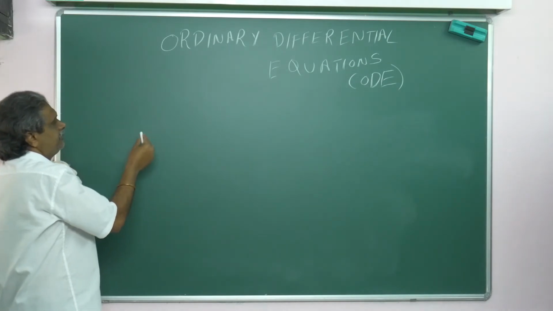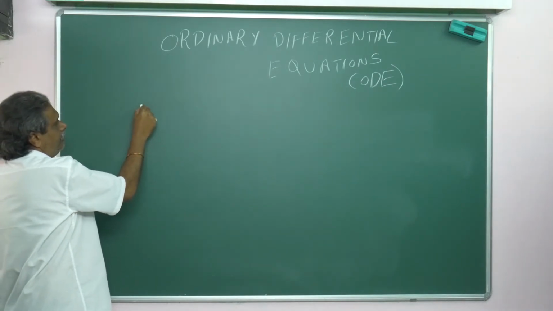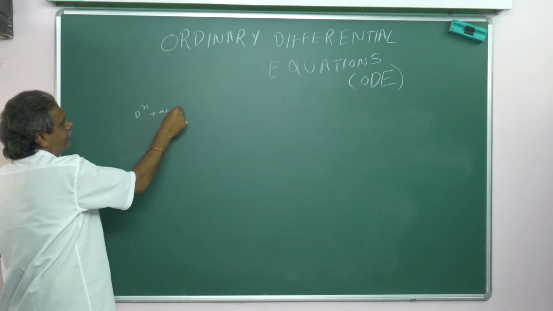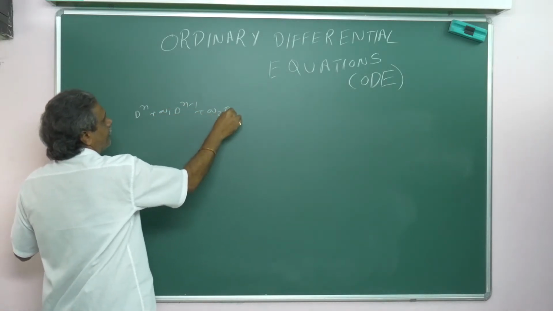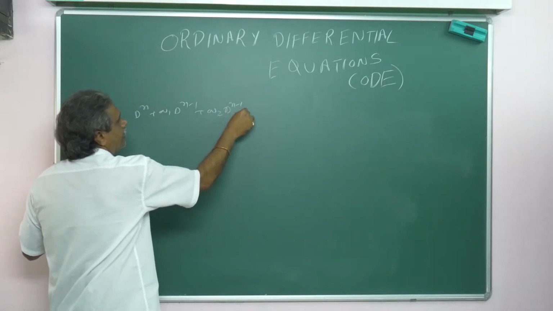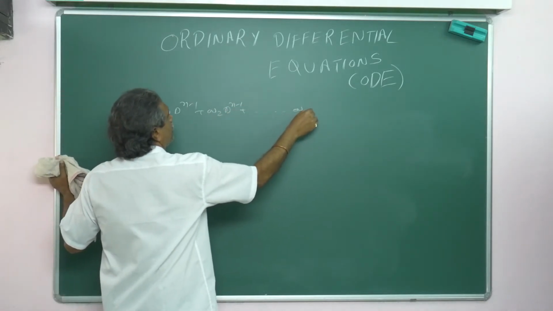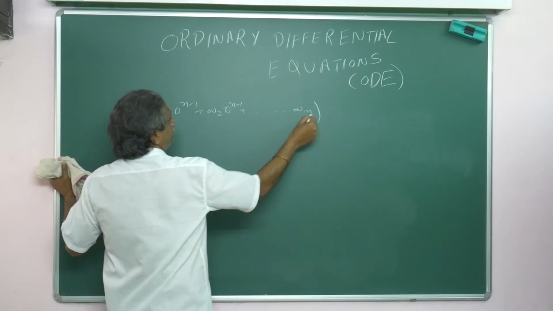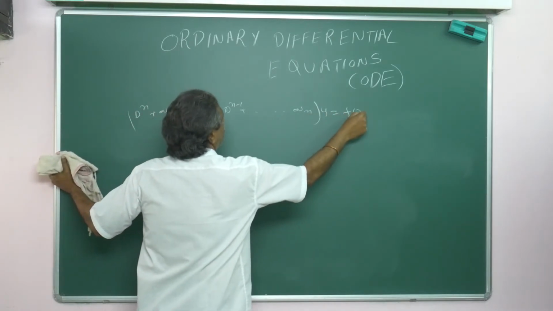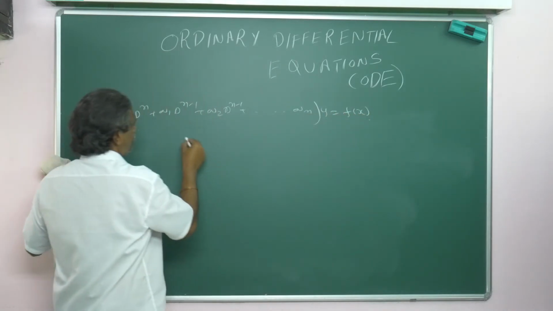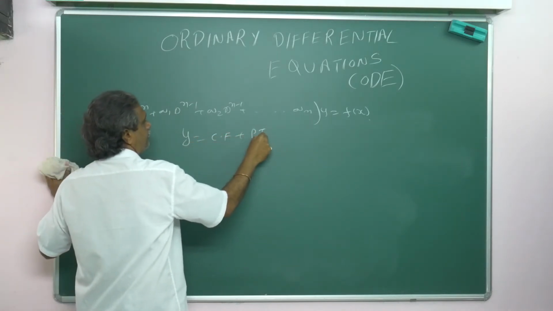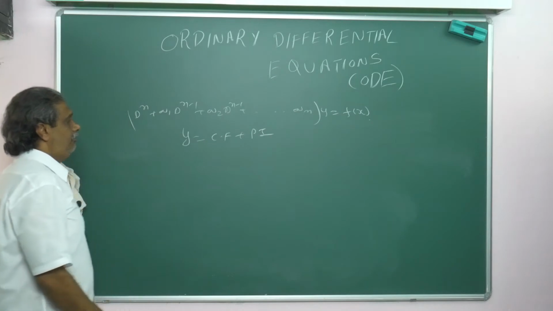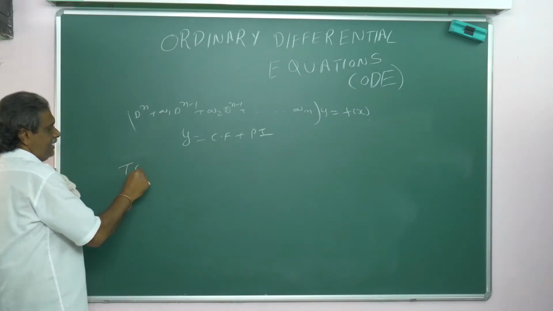Generally nth order means we have D to the power n. The solution is always y is equal to CF plus PI. Now I will find CF.